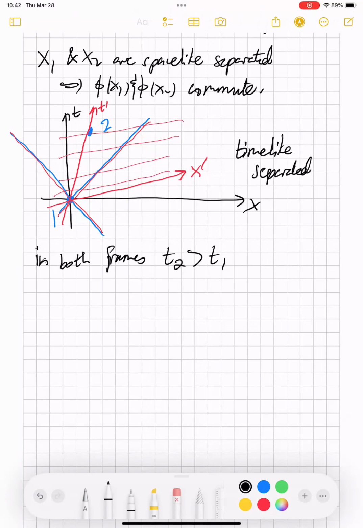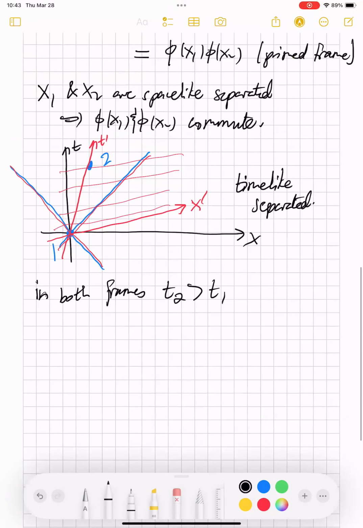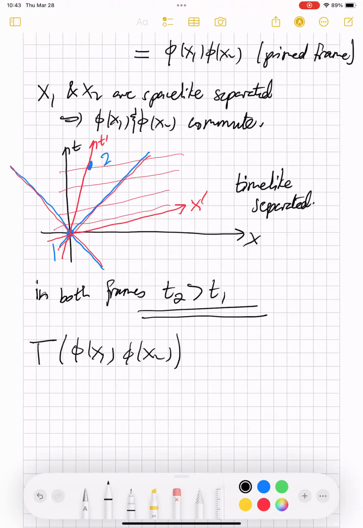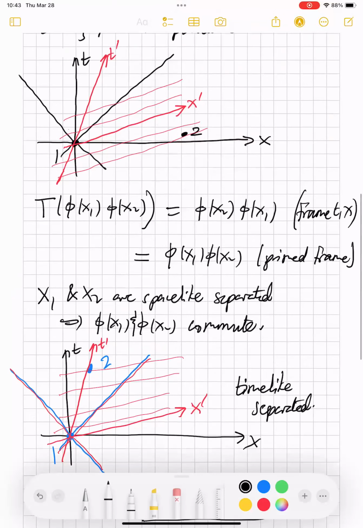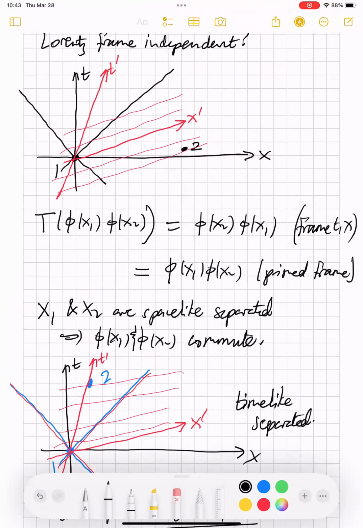So when the two events are time-like separated, everybody agrees on how they are ordered, and that's good because these operators don't commute. So in both frames, if you are writing down the time-ordered product, you would write down phi of x2, that's the latest time, and then phi of x1. In contrast to that, if your two operators are space-like separated, not all observers will agree on how the times are ordered, but that doesn't matter because the fields commute.